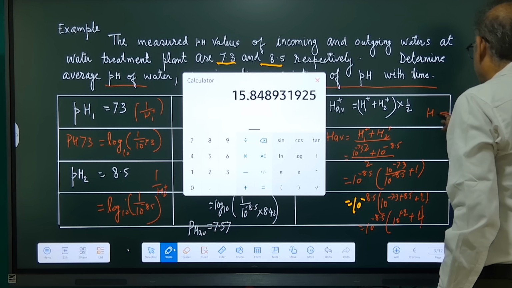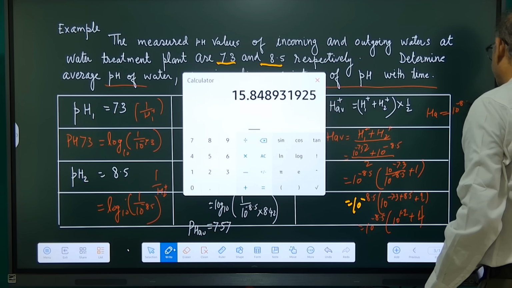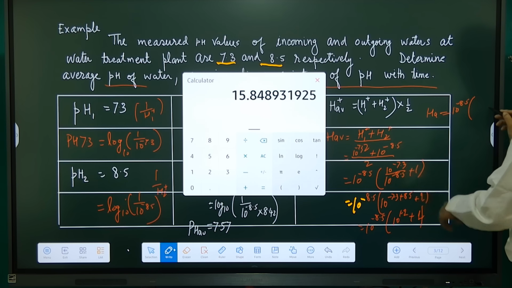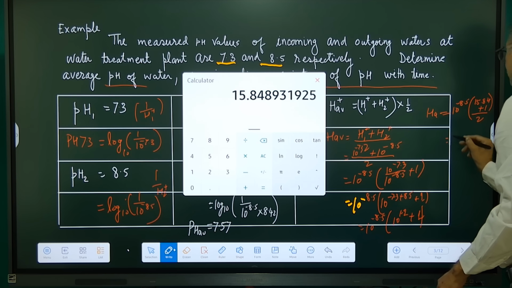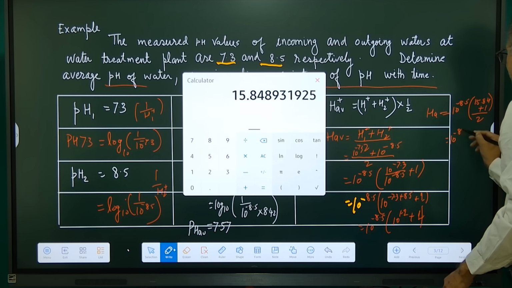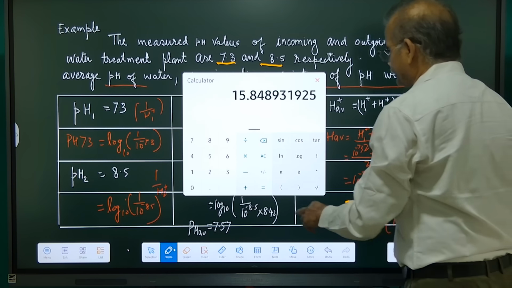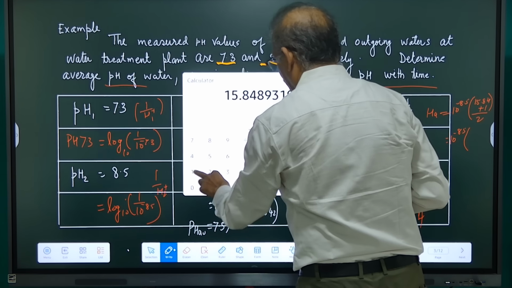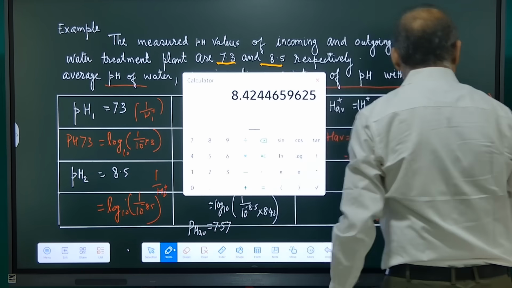Then H average will be 10 to the power minus 8.5, the term we took out, into 15.84 plus 1, that is 16.84, divided by 2, which becomes 8.42.